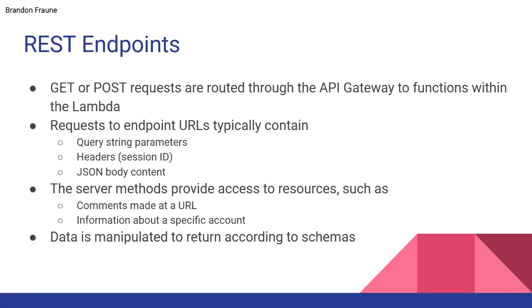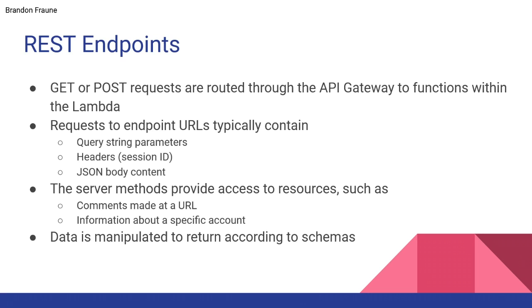These things tell the Lambda what order to put comments in, what kind of information you're looking to post, like where you're trying to post a comment at, and if you're trying to get user info. Those are all through different endpoints.